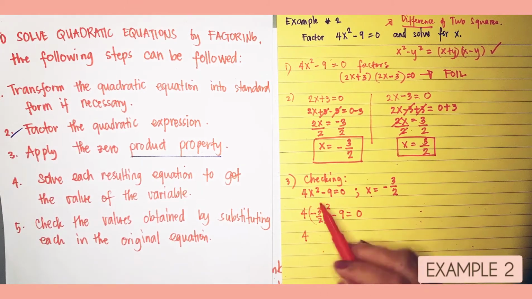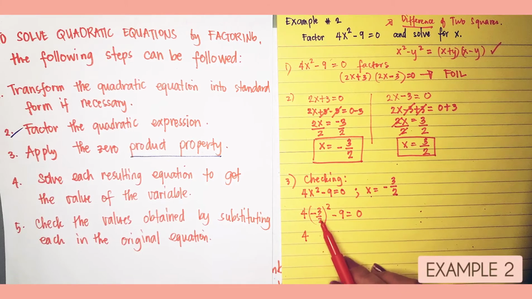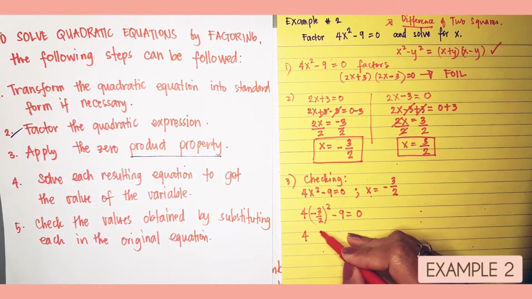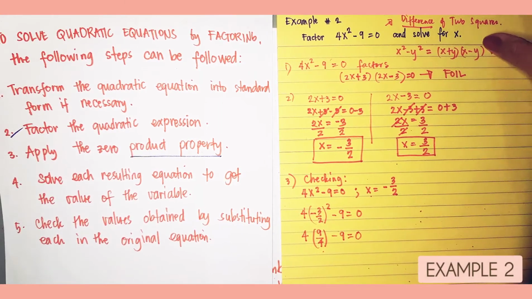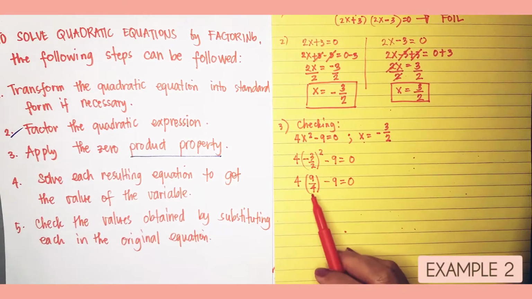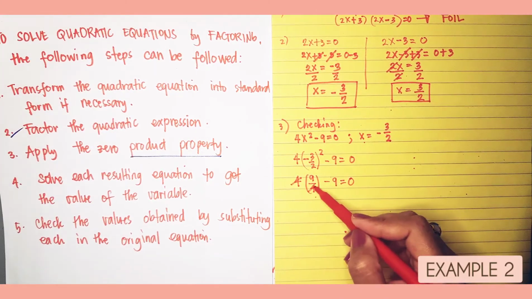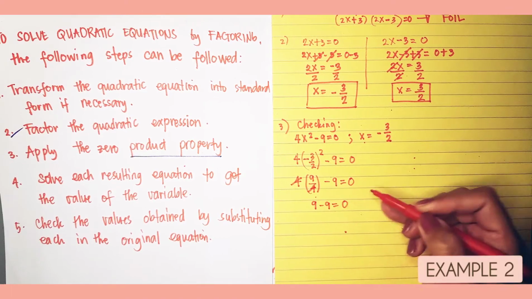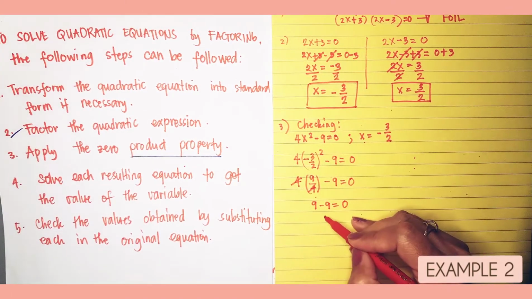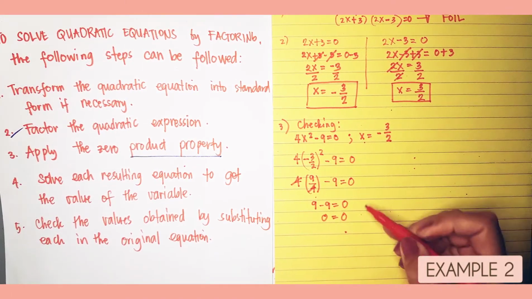So when you square negative 3 halves, that becomes 9 over 4. Minus 9 equals 0. So simplify, we can cancel out 4, and this would be 9 minus 9 equals 0. And 9 minus 9 is also equal to 0.